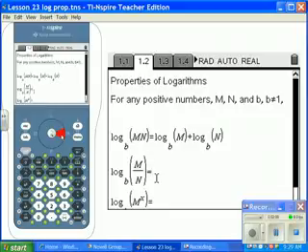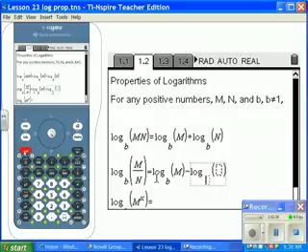What do you think division is going to go to? Subtraction. Okay, good. So we've got log base b of, what do you think? M. What am I going to have after that? Good. Log base b of n.